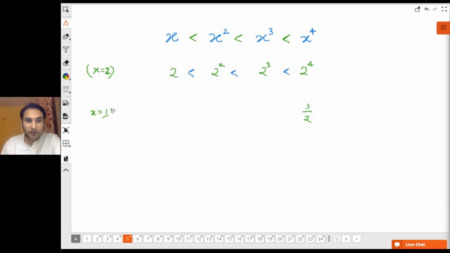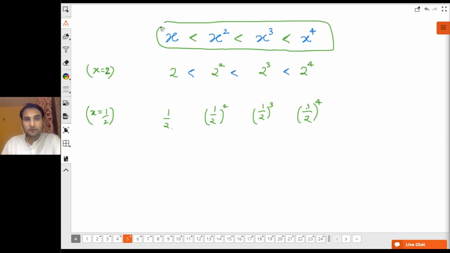And that is where the trick lies. If you take half to the power 4, half to the power 3, half to the power 2, and half, suddenly you'll realize the inequality changes. Now half, which is 0.5, is greater than 1 by 4, which is 0.25, which is greater than 1 by 8, which is 0.125, and so on.